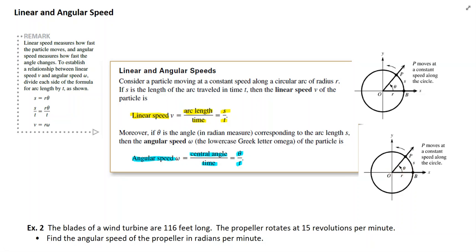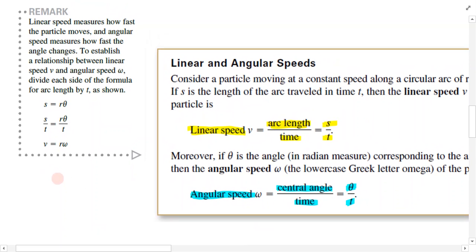Now, one thing to note is we already defined radian measure, right? We defined arc length as s equals r theta.